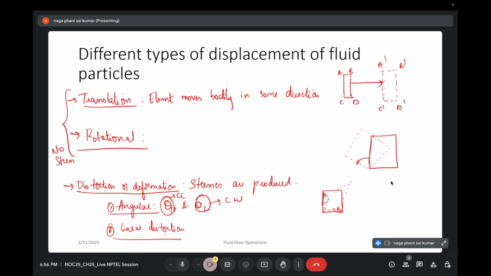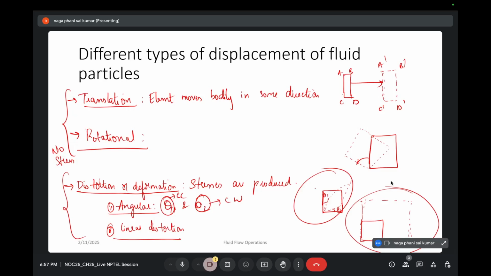In linear distortion, if this is the initial body and you deform it linearly, it will be something like this. The total volume will be changed, something like elongation. So this is angular deformation and this is linear distortion.